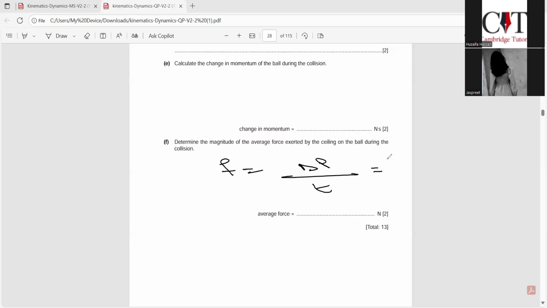We know the answer of part E is 0.55 and the time given to us is 0.085. Tell me the answer of this. 0.588. Sorry, the answer would be 6.47 here.